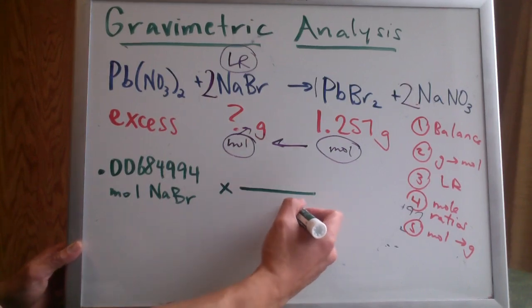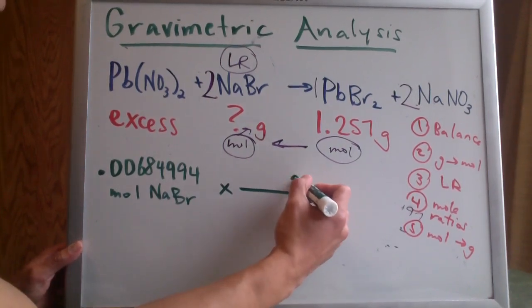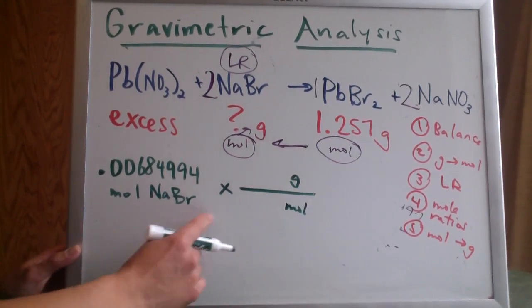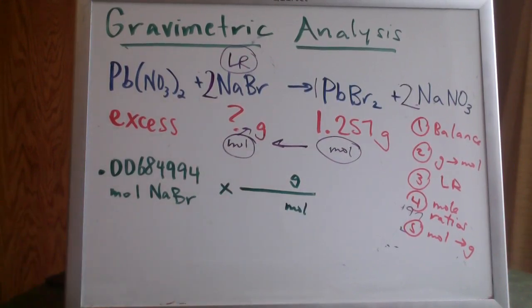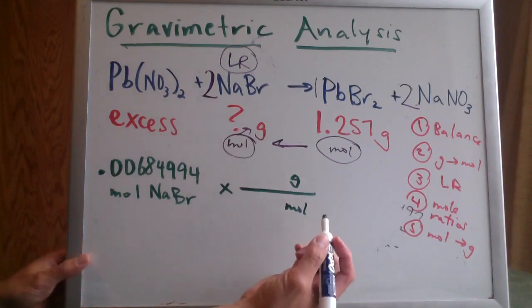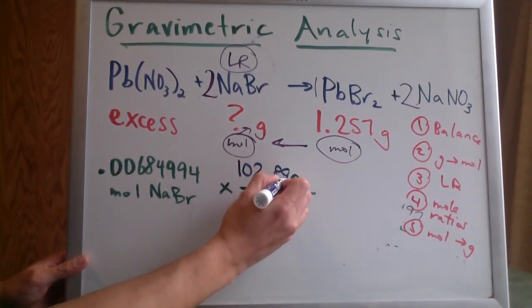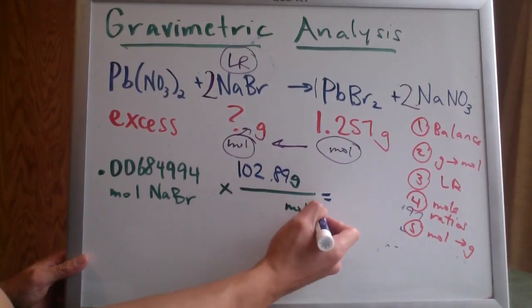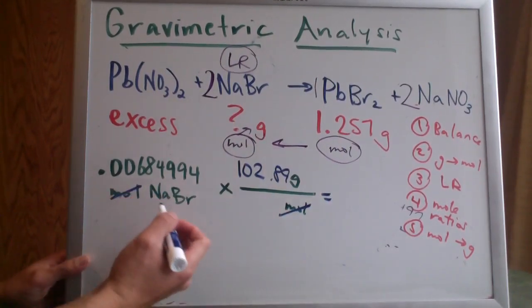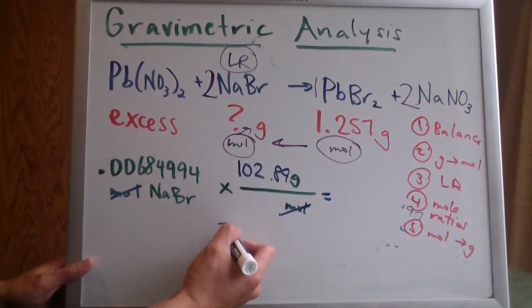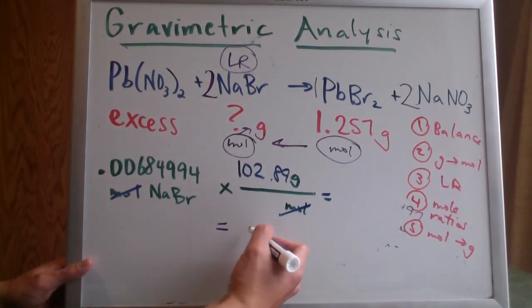So we're going to put the moles on the bottom to cancel it out, and the grams on top of NaBr. I looked up the molar mass, and it is 102.89 grams per mole. So since the grams are on top, we're going to put the molar mass 102.89 on top. The moles cancel out, and we end up with the grams.